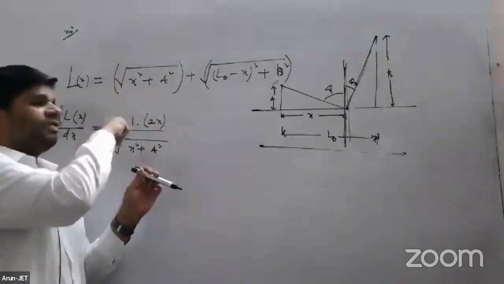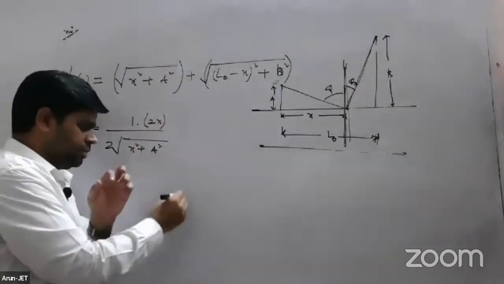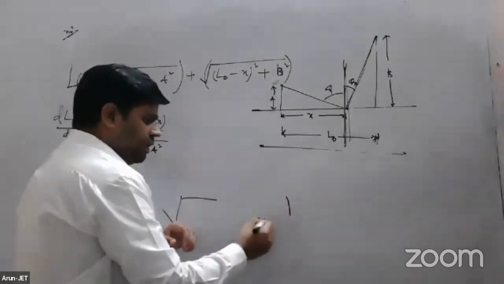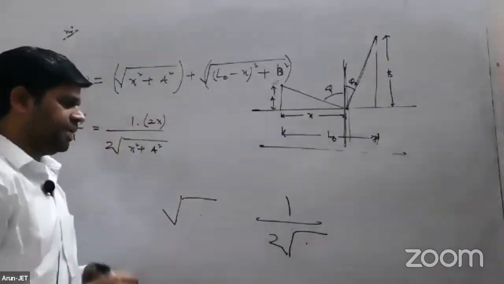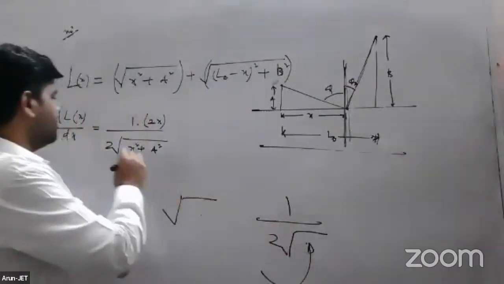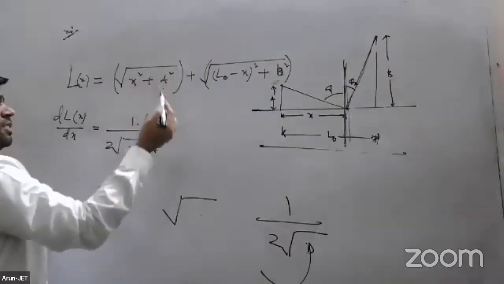I go from the outer function to the inner function. What is the outer function here? Root. What is the derivative of root? 1 by 2 root, and everything as it is inside. Then I go inside the function. What is inside? X square plus a square. The derivative of x square is 2x. The derivative of a square is 0.